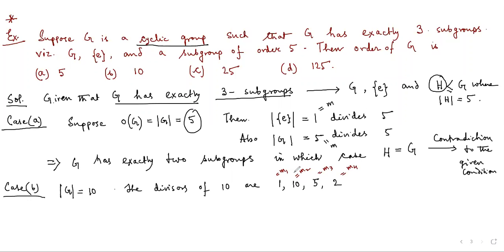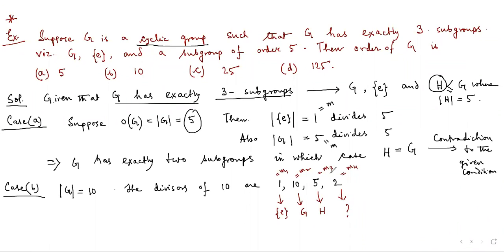No problem. Now the second part of the theorem says that we must have a subgroup of order 1. We have this. We must have a subgroup of order 10. We have this. We must have a subgroup of order 5. We have this by the given condition. What about this one?